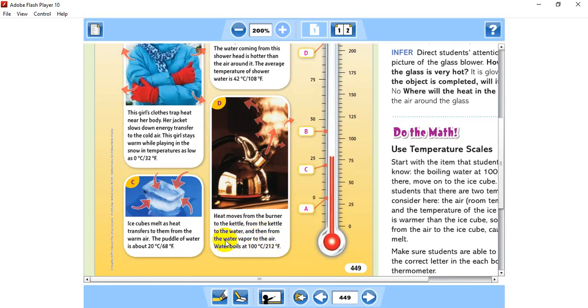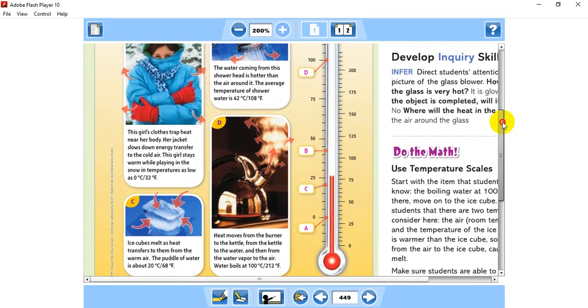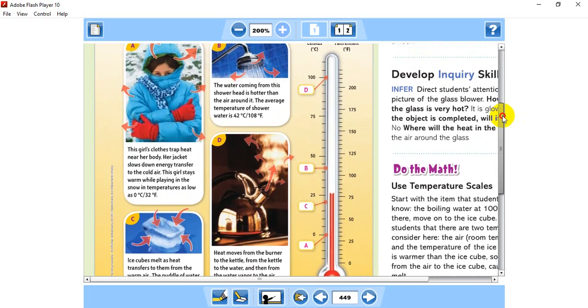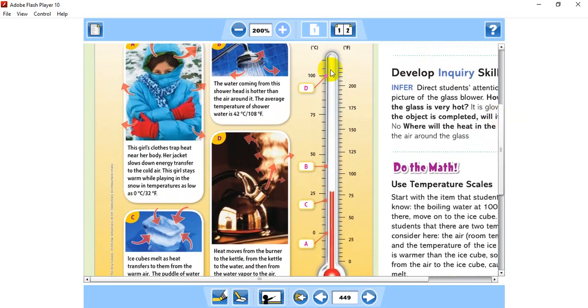And then from the water to the water vapor. The water inside the kettle will transfer to what? To water vapor. Okay guys, so at which point exactly does the water boil? 100 Celsius degrees or 212 Fahrenheit. See this side? This is what we mean here. So the water will boil at 100 Celsius degrees.